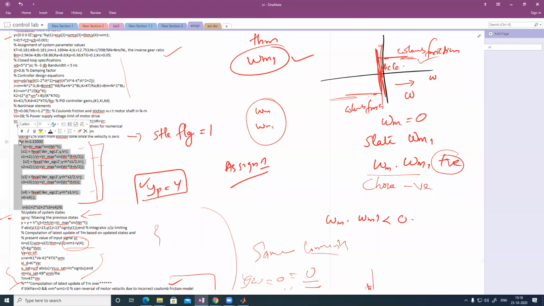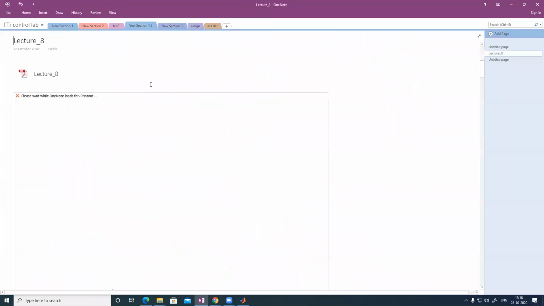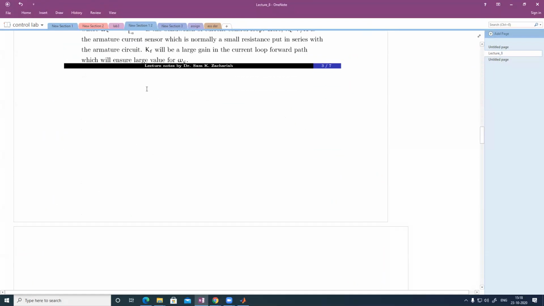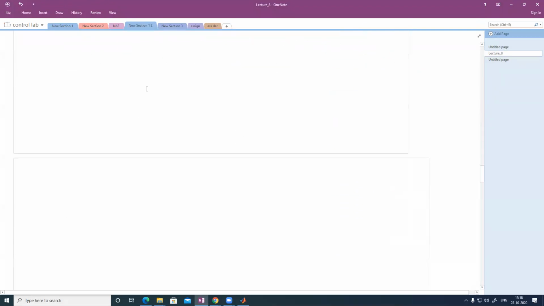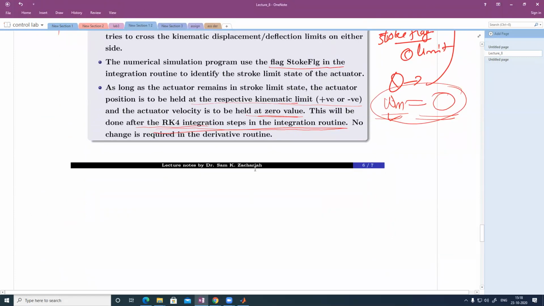After that, you have to set the stroke flag and apply this theta and omega m limit. In the derivative routine, you have nothing to do.